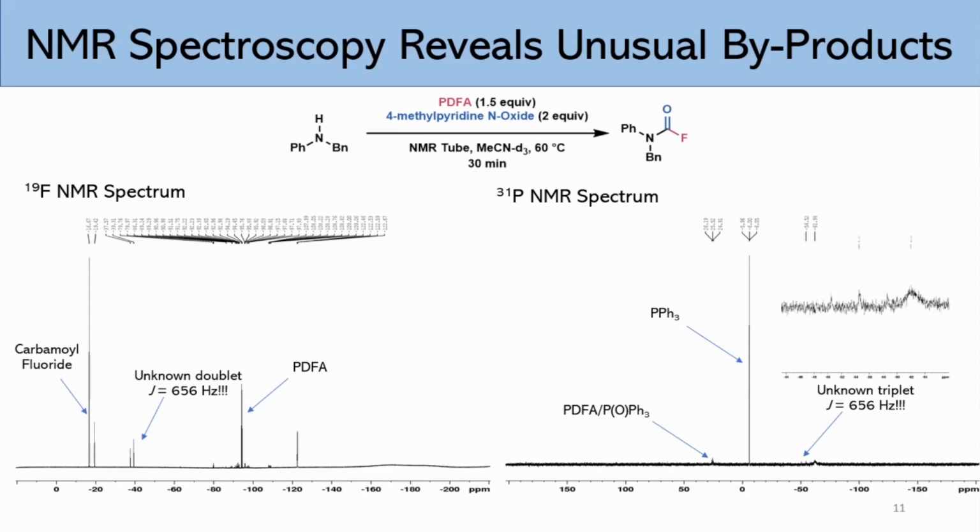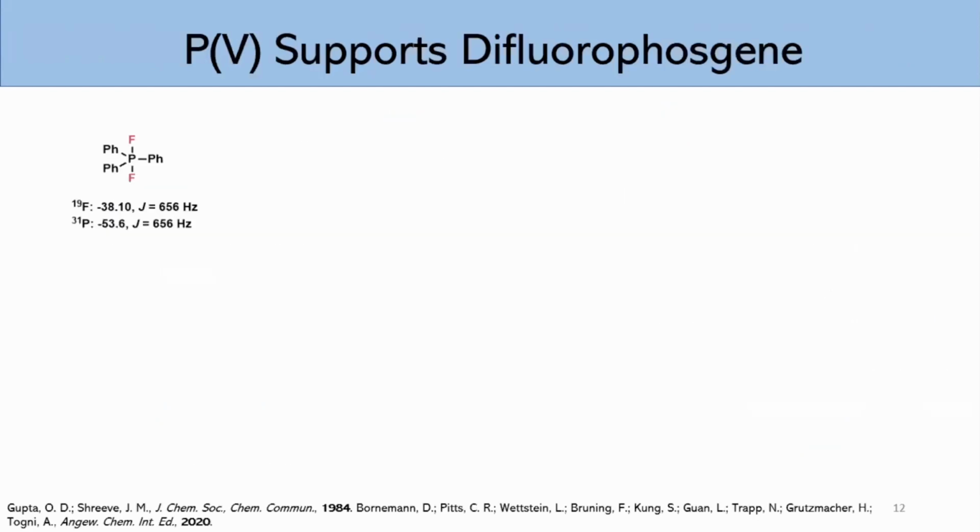These are clearly two signals for the same compound, but we're still confused. We asked around the lab, and everyone's confused. So we brought this to one of our department's phosphorus experts, Professor Chris Caputo, and he says, I think I recognize this. And he pulls out his PhD thesis and identifies this compound as this difluorophosphorane, a phosphorus(V) species.